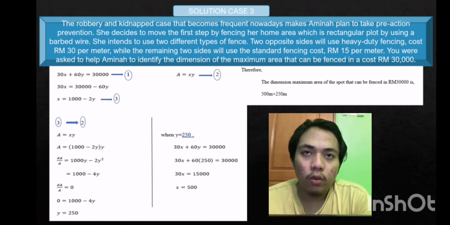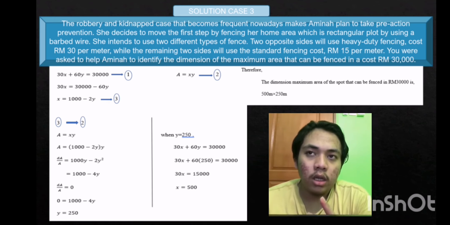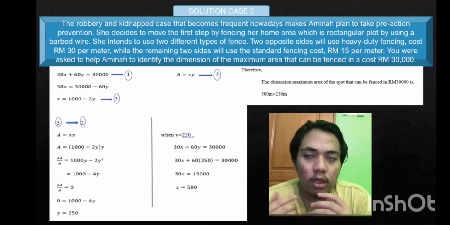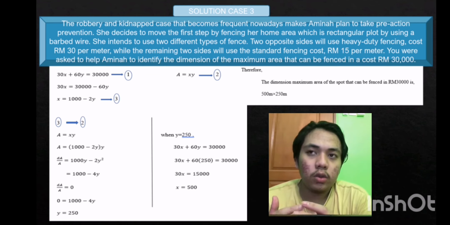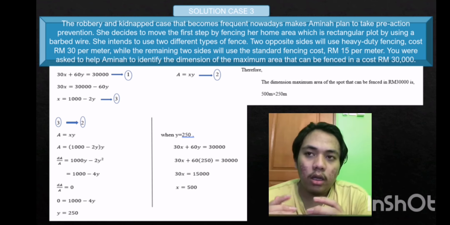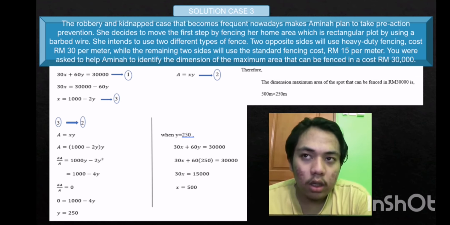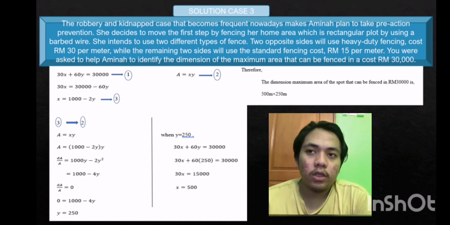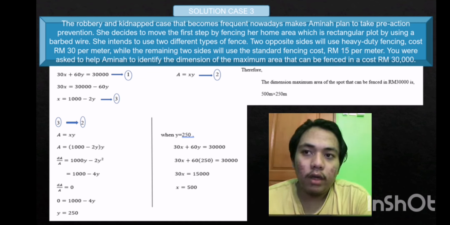And when you have found the three equations, 1, 2 and 3, the next step is you need to substitute the third equation into the second equation. And after you substitute the third equation into the second equation, you need to find the value of y.